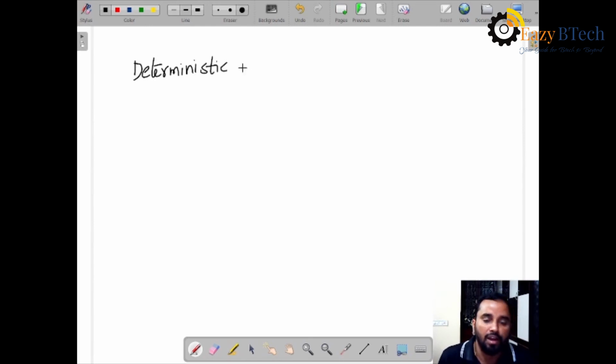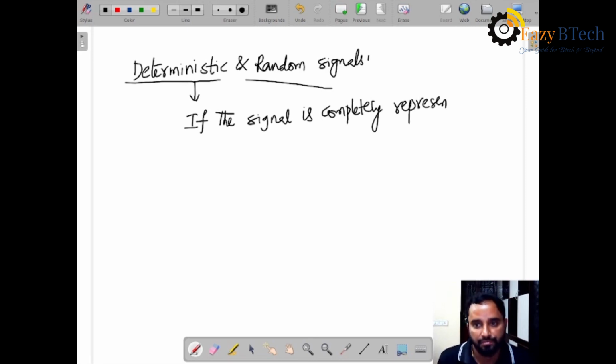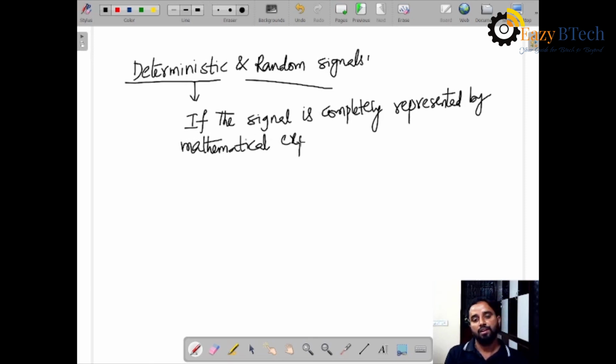Deterministic signal means if the signal is completely represented by a mathematical expression, then it will be called a deterministic signal, because we are able to represent it mathematically.